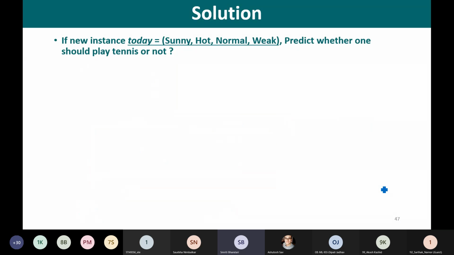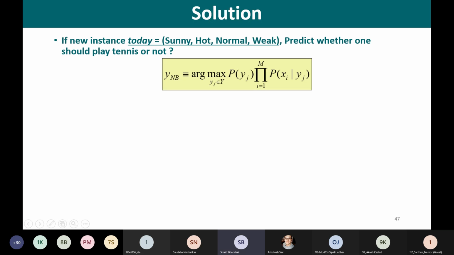We would like to predict: if the new instance today is described as sunny, hot, normal and weak, predict whether one should play tennis or not.